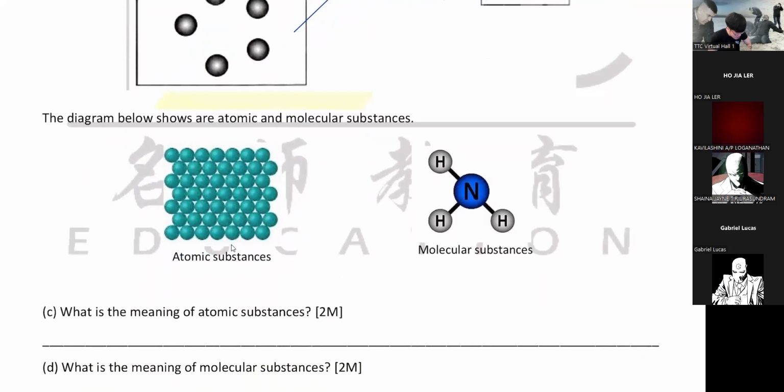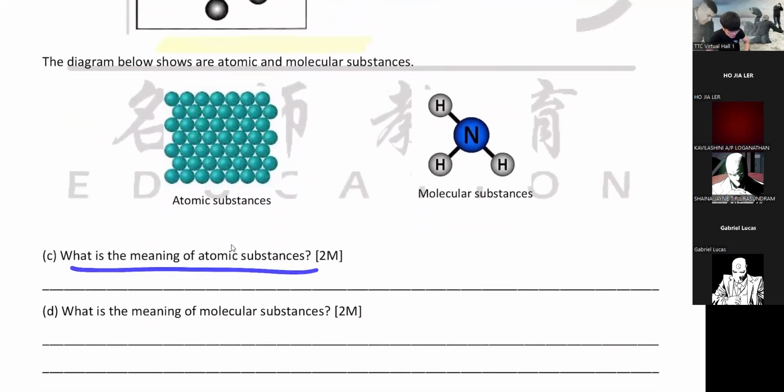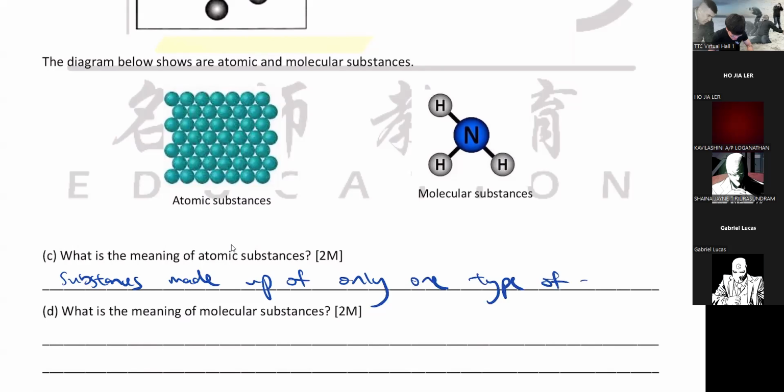So next, the diagram below shows atomic and molecular structure. This is atomic substance, only made from atom. This is molecular substance, which means they have more than one type of atom. So what is the meaning of atomic substance? Substances made up of only one type of atoms. If there's only one type of atom, that is an atomic substance.